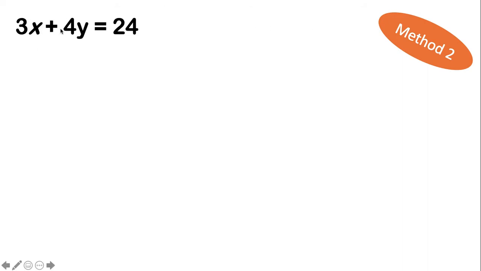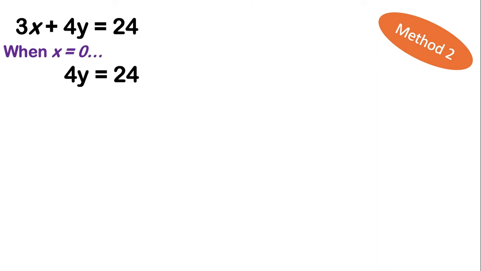So I've got 3x plus 4y equals 24, and I'm going to think about what happens when x is 0. When x is 0, you just get 4y equals 24 because the x being 0 would disappear. And 4y equals 24, so that means y must be 6. So when x equals 0, y equals 6.